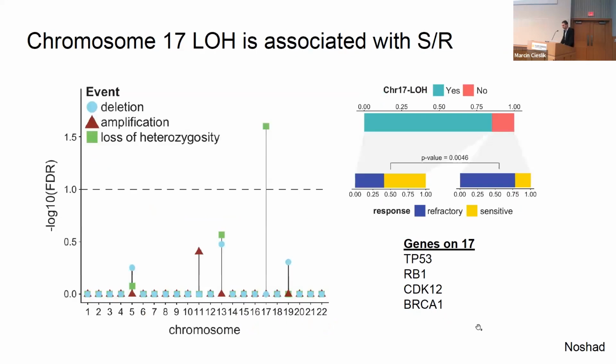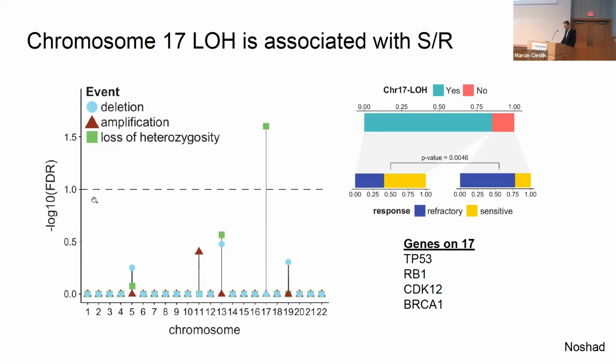So then what Naushad did is he decided to check whether actually chromosome 17 LOH was associated with response to platinum. A seemingly obvious analysis that, to our knowledge, has not been tried before, perhaps for one reason of not having a sufficiently powered cohort to determine sensitivity and refractory status.